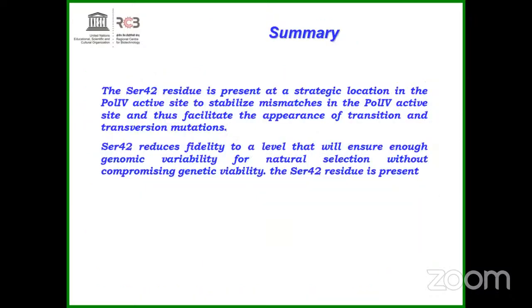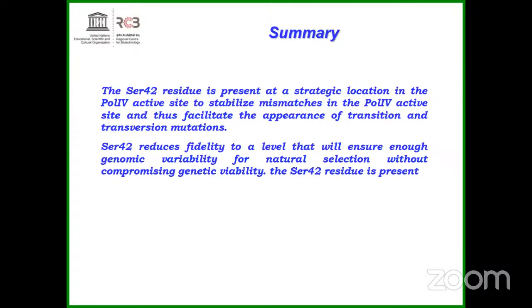The serine residue is present at a strategic location towards the minor groove, and it holds the incipient base pair, even for a mismatch, in a conformation compatible with productive catalysis.